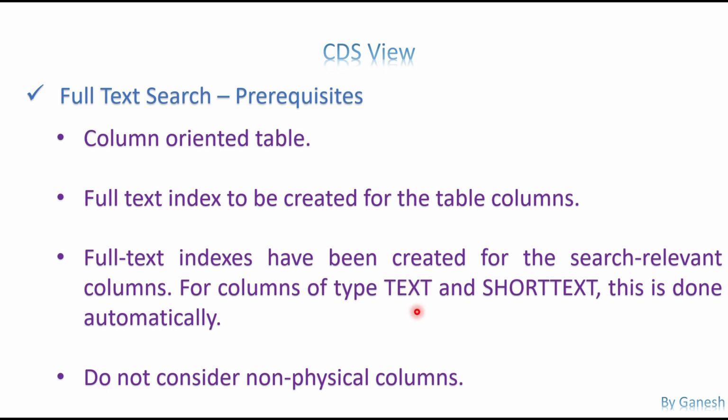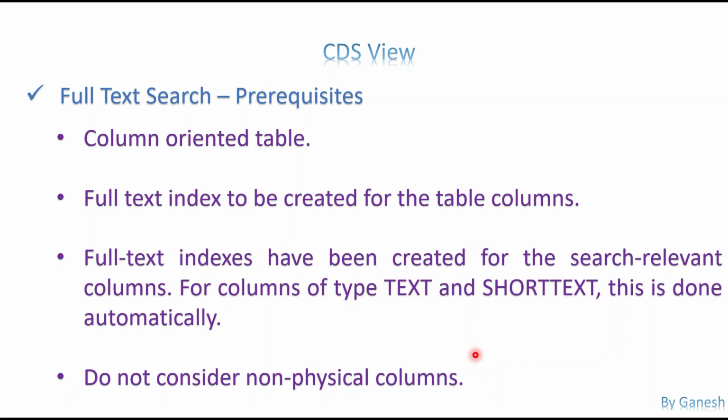And the full text search does not consider any non-physical columns, meaning in your select query, you may have non-physical columns, meaning calculated columns, or some other columns such as alias options, which are not part of your database table.